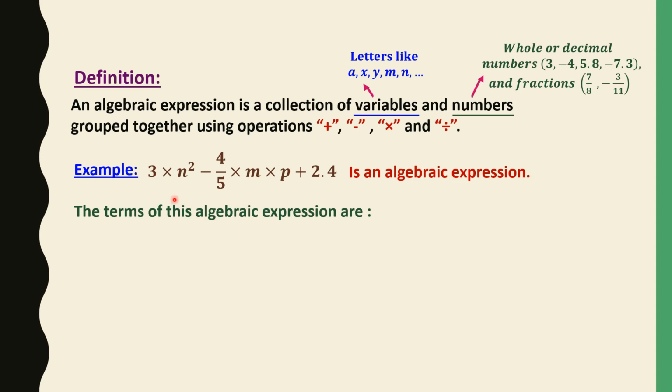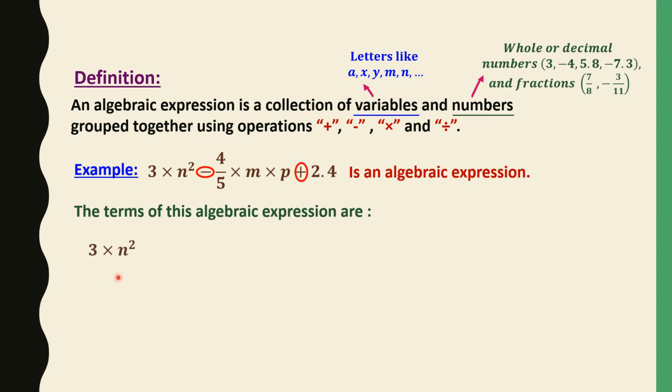First, to identify these terms, we look at the addition and subtraction signs. Here we have minus, and here we have plus. Let's see what are the terms in between these two addition and subtraction signs. We have this term, 3 times n squared.